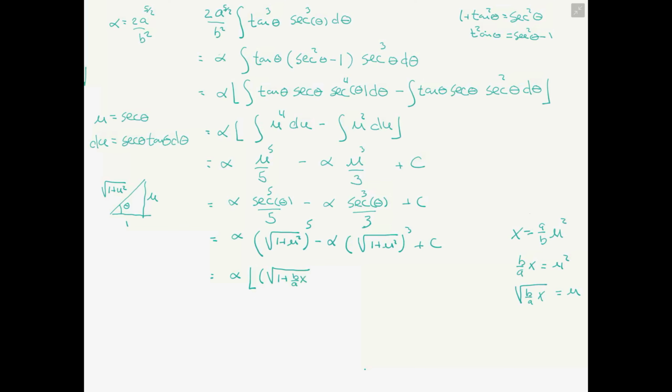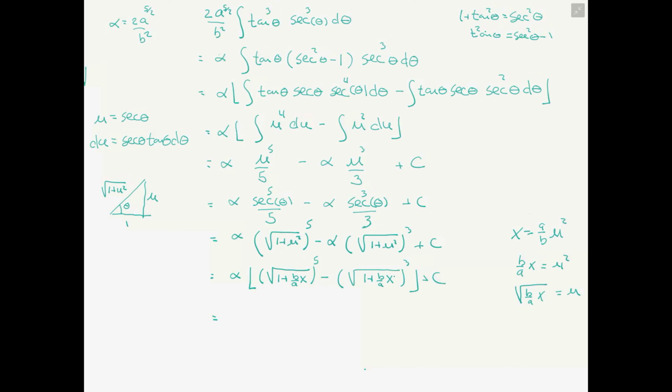So we have b on ax, this is to the fifth. We don't have alpha out there yet. We have 1 plus, that's u squared, which is b on ax to the third plus c. And that does it for us.